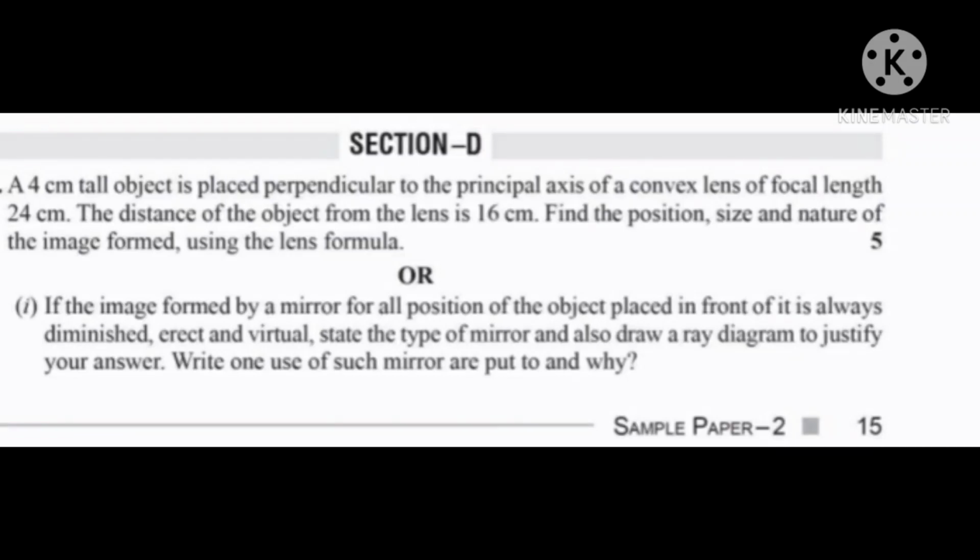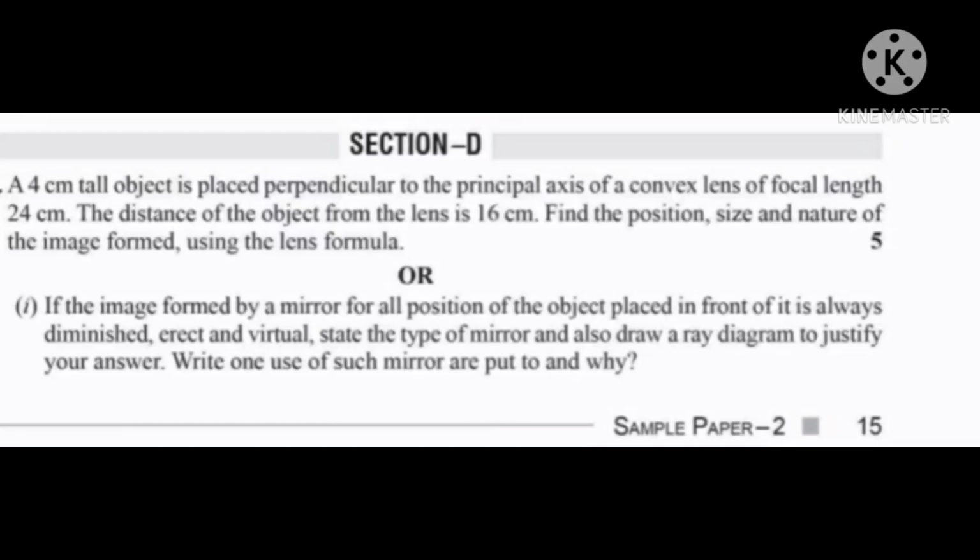Finally, the last question, 5-mark question. It's a numerical. A 4 cm tall object is placed perpendicular to the principal axis of a convex lens of focal length 24 cm. The distance of the object from the lens is 16 cm. Find the position, size and nature of the image formed using the lens formula.